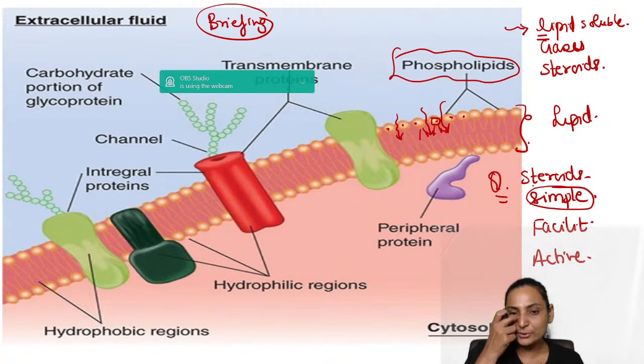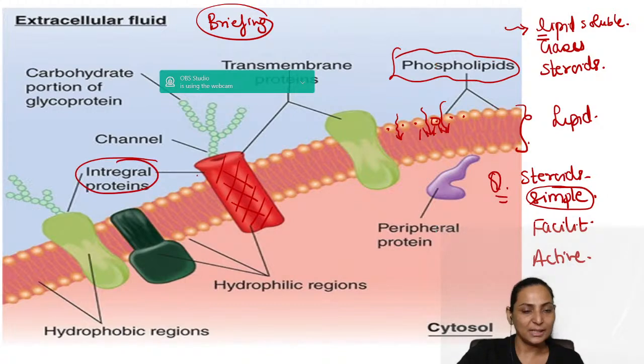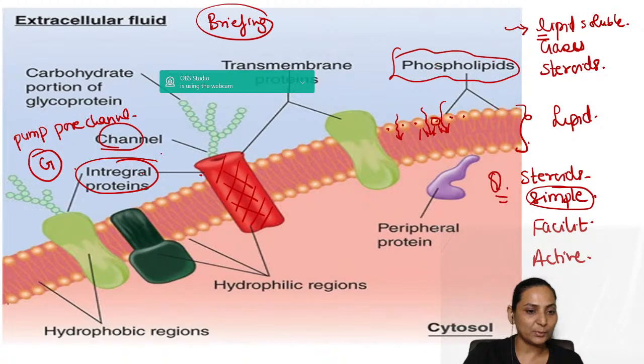Another important thing which you know is that the cell membrane has these proteins, right? These are transmembrane proteins which are piercing the cell membrane through and through, or integral proteins. So the transmembrane proteins are called the integral proteins. For example, your G protein, then your various pumps, your pores, your channels, all these are your integral proteins.